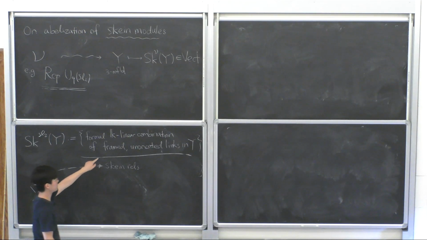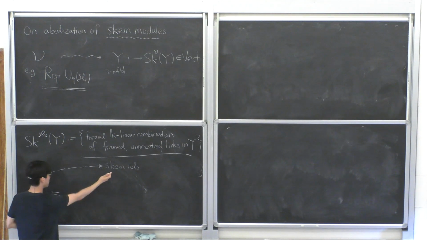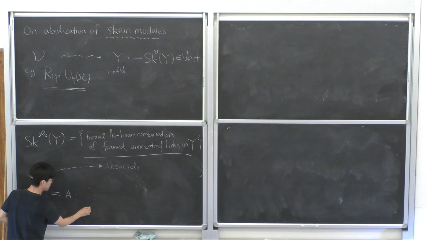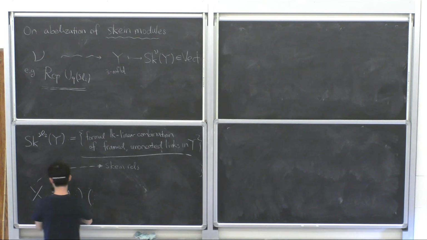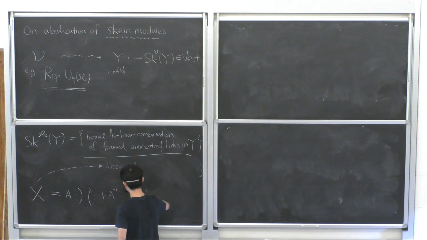If you have a framed unoriented link in Y that looks locally like this picture near a small ball, then we impose a relation that it's equal to the following linear combination, where this picture denotes the link that looks exactly the same as this one outside of the ball, but slightly modified inside this ball by resolving a crossing, plus A inverse times a link that's resolved in the other direction, where A is just some element in our base field.